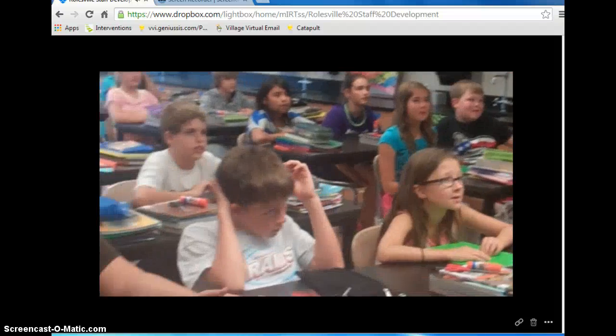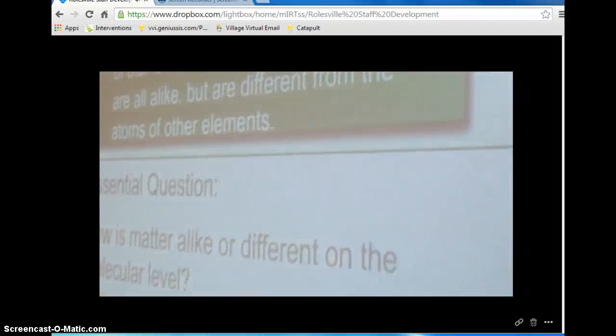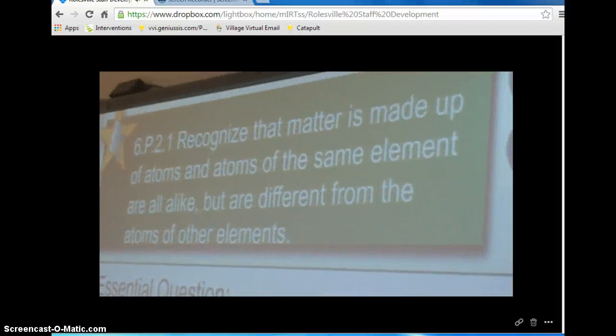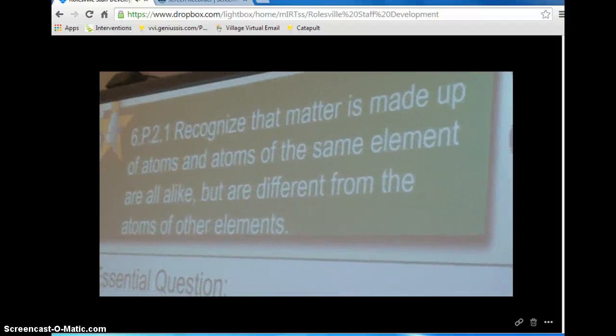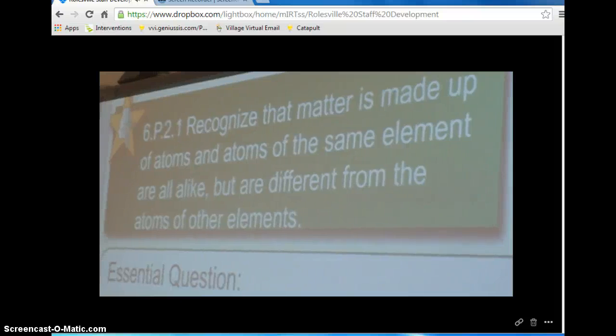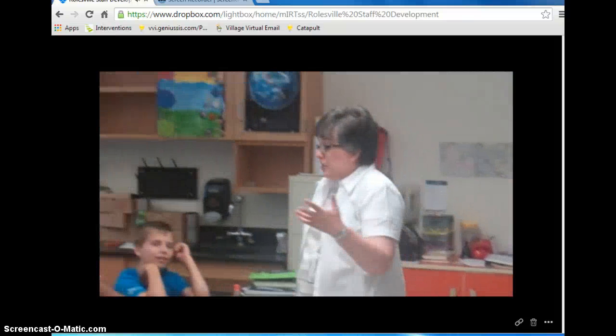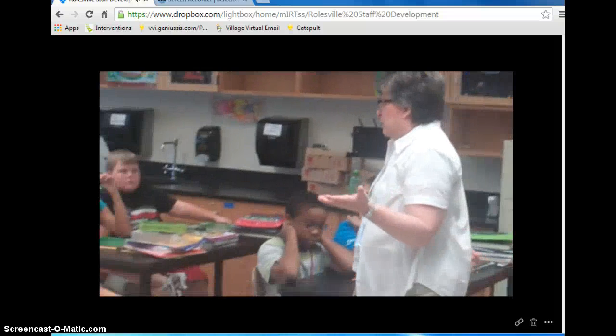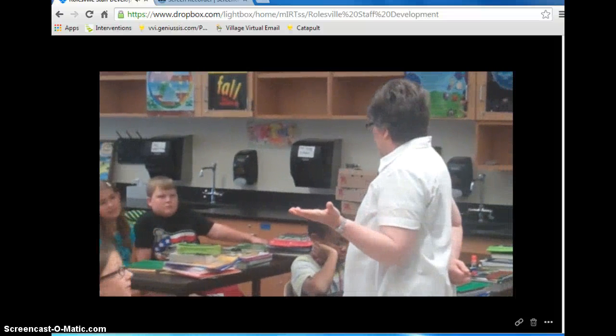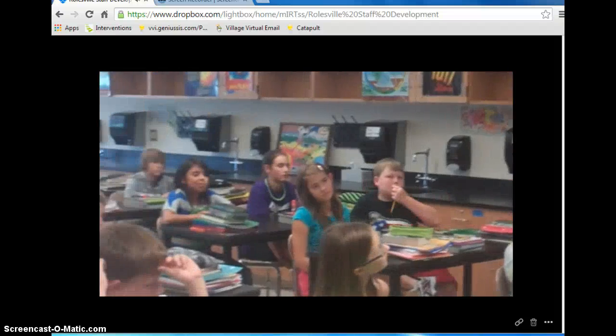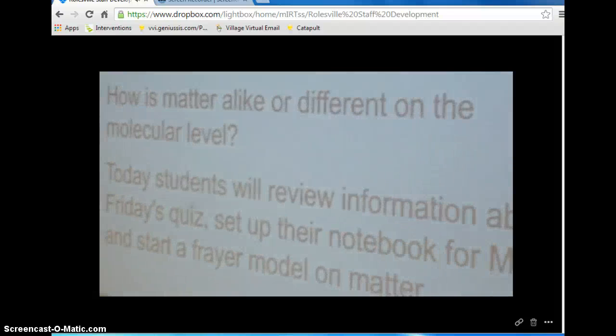Recognize that matter is made up of atoms, and atoms of the same element are all alike, but are different from the atoms of other elements. Kind of confusing. Here's the good news. It's okay if it's confusing today, because we're just starting this lesson. However, next Friday-ish, you're going to take a test on this objective. Then it can't be confusing for us.